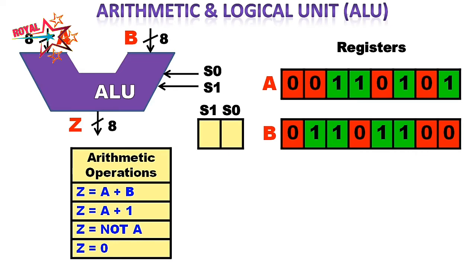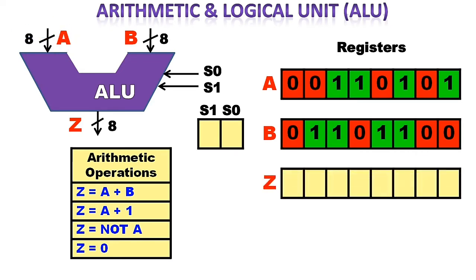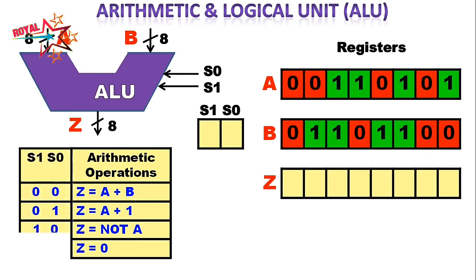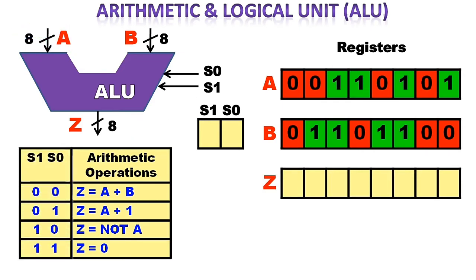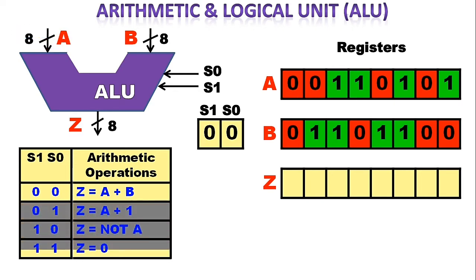Based on the data from the control bits, the ALU knows which operation to perform. In this situation, the ALU calculates the sum and sends it to the register file.